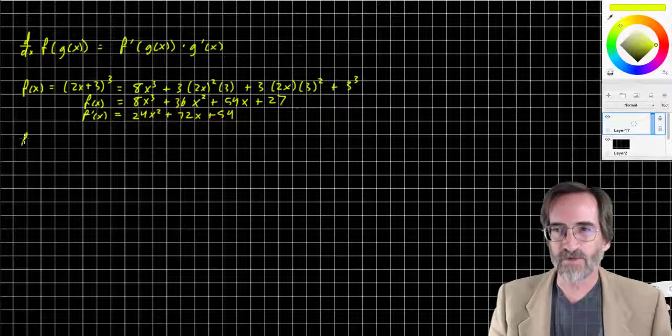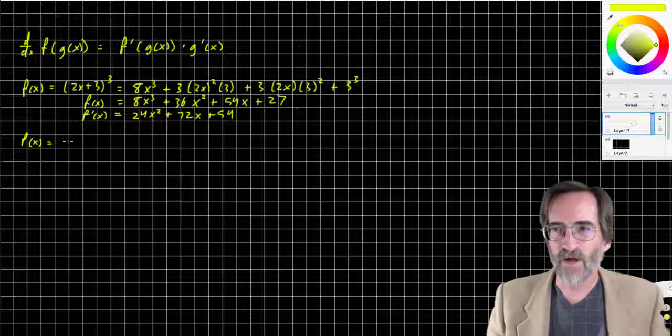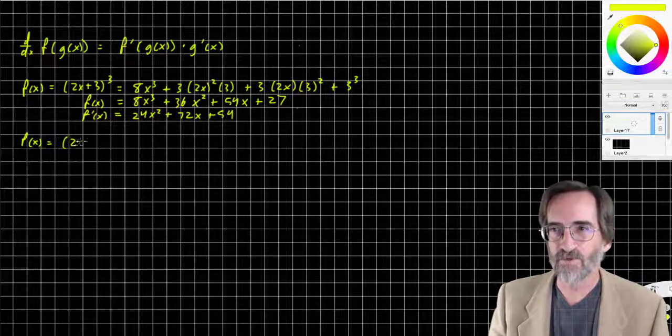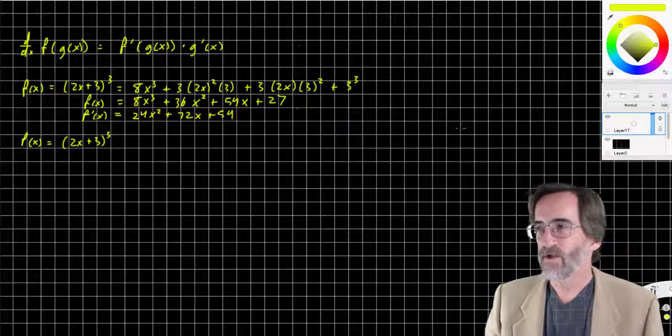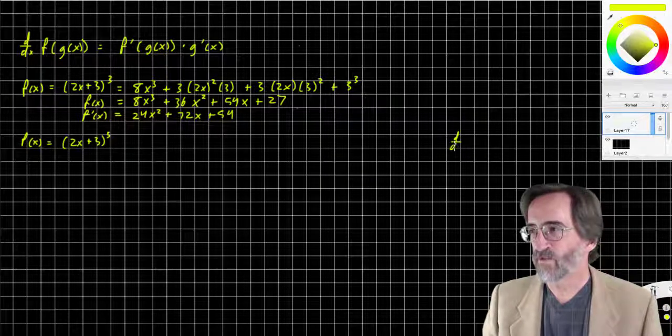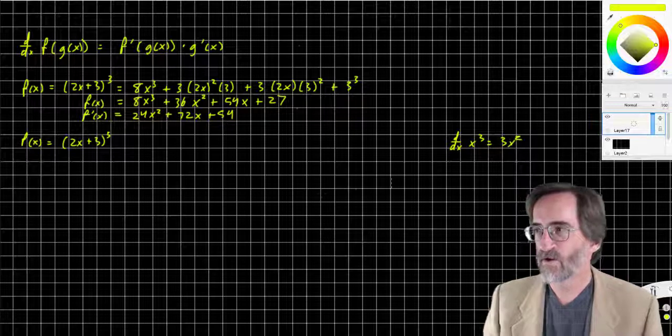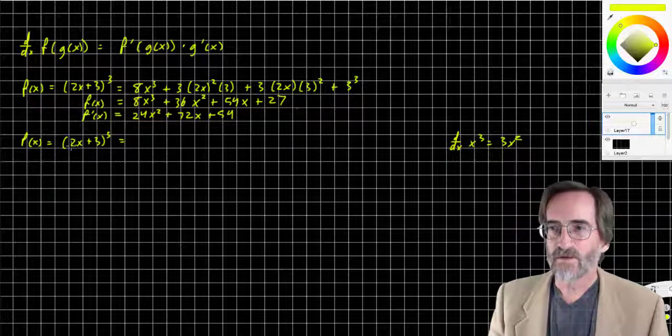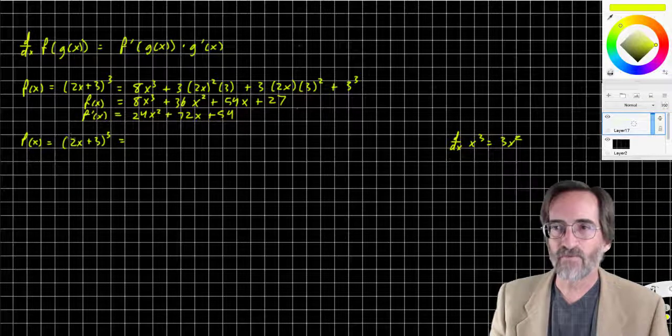Let's try this. Think of this as f of x equals (2x plus 3) cubed. Think of it as x cubed, right? So the derivative with respect to x of x cubed is 3x squared. So take the derivative of the parentheses cubed.